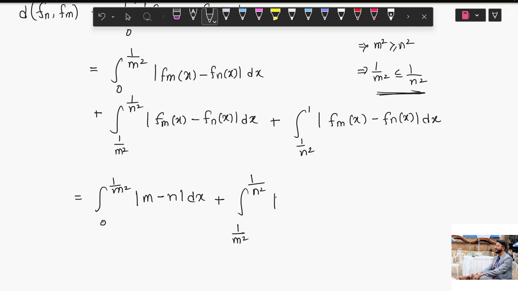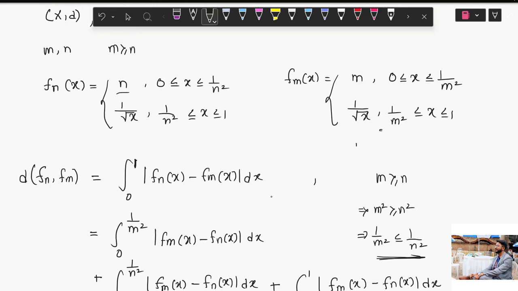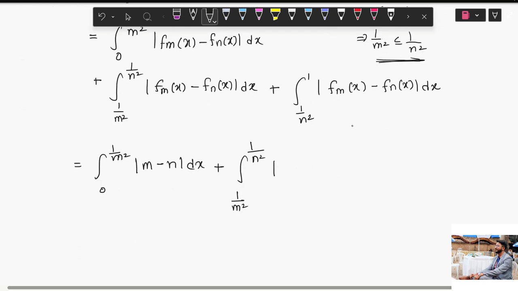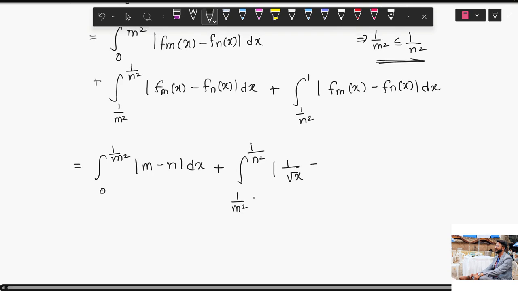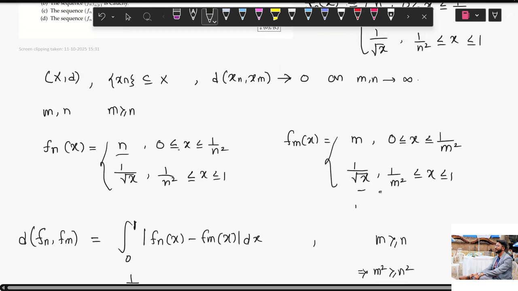Now after that, from 1 over m squared to 1, the value of f_m(x) is 1 by root x. So in place of f_m(x), I'm writing 1 over root x, minus the value of f_n(x), which up to the point 1 over n squared is n.